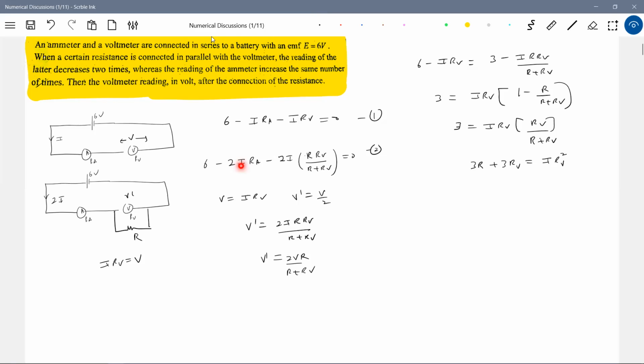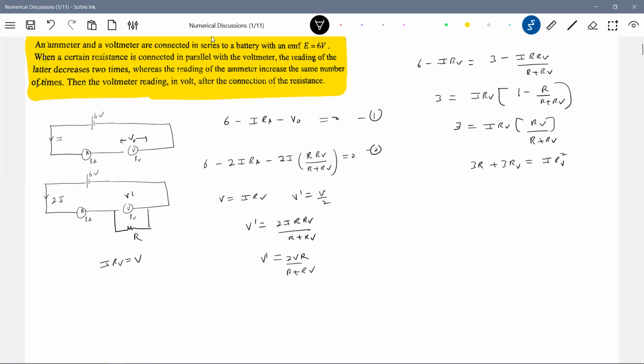Reading of ammeter increases, whereas the reading of voltmeter decreases by 2 times. I think I'm not taking help of this one. If I write V naught, okay, this will be V dash. I'll do one thing, let me take help of some unnecessary symbols, I'm bringing more symbols maybe. So this will be V naught.